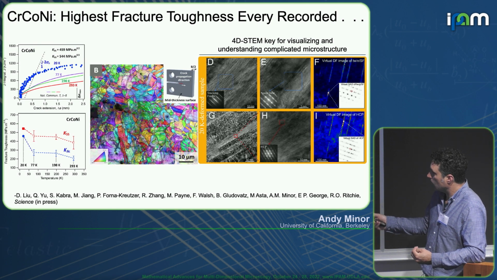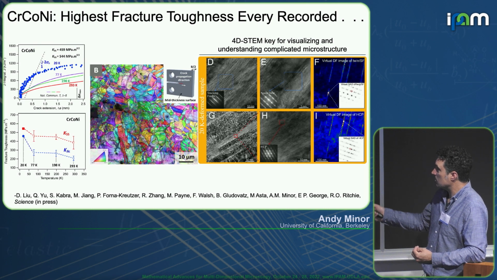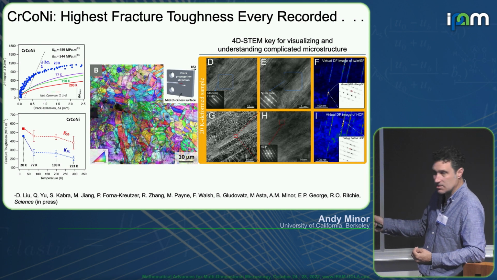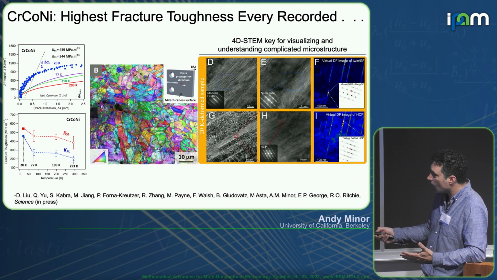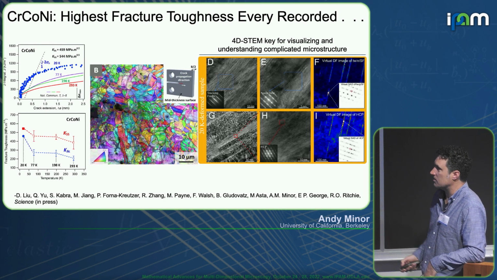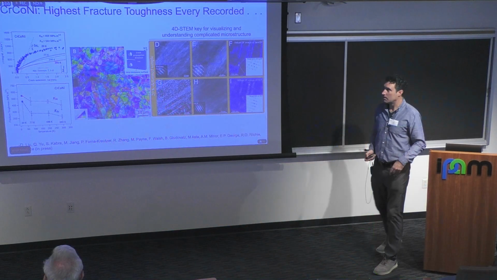And with 4D-STEM, you can actually start to pick out different parts of this highly deformed network and say what's there. Well, what's there is sometimes twins, sometimes stacking faults, sometimes thin bits of HCP. And so 4D-STEM, I think, was critical for us being able to describe why you get this incredibly high fracture toughness in this material.